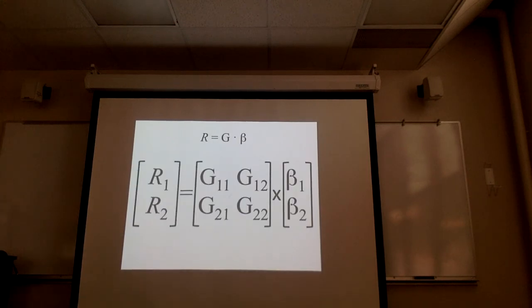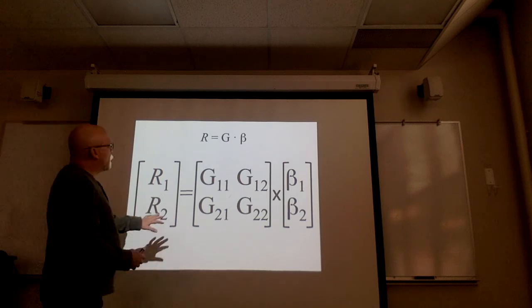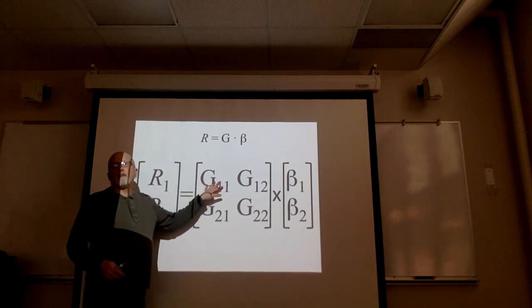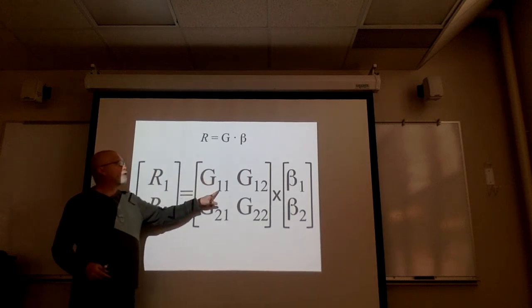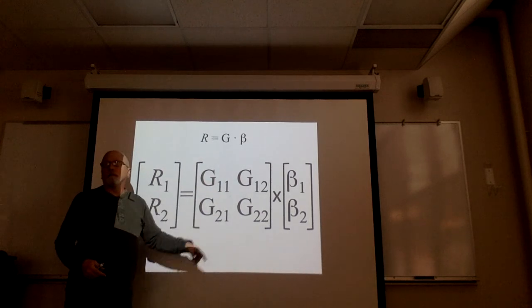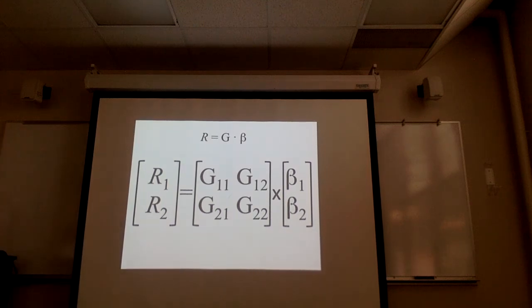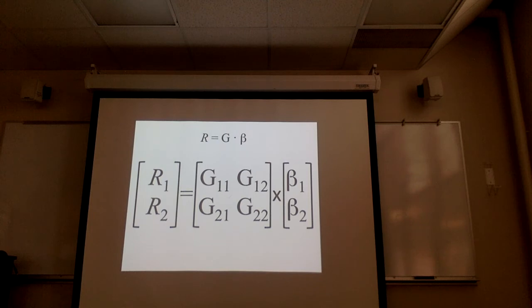This is what it looks like. But all this is: G11 is the genetic variance. It's kind of thinking about the correlation between trait 1 and trait 1.